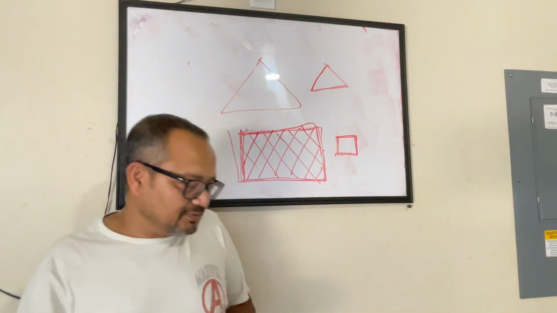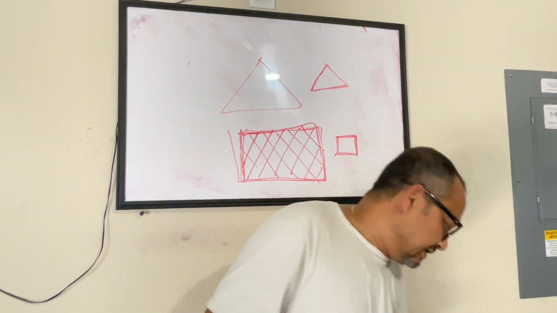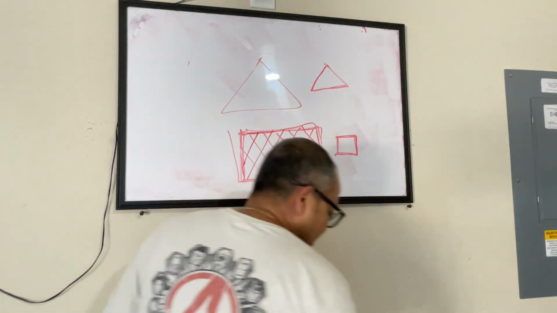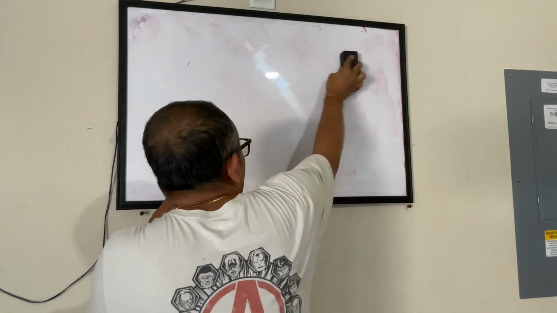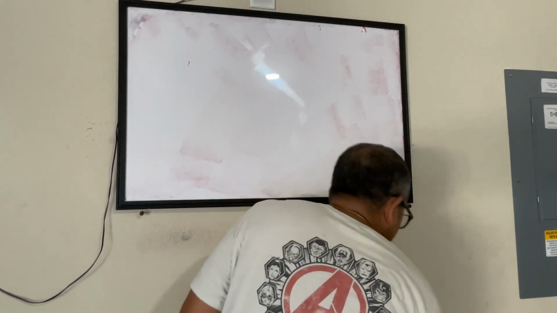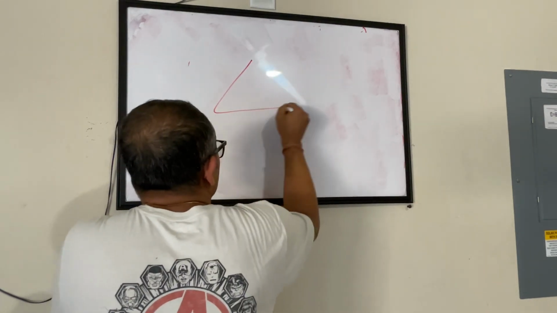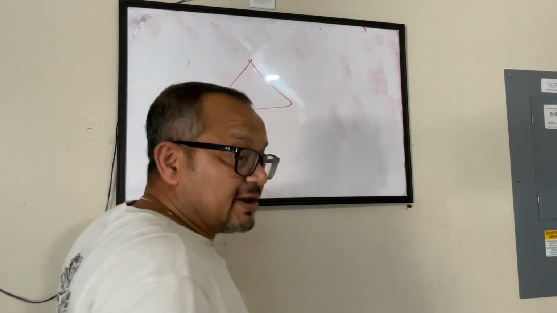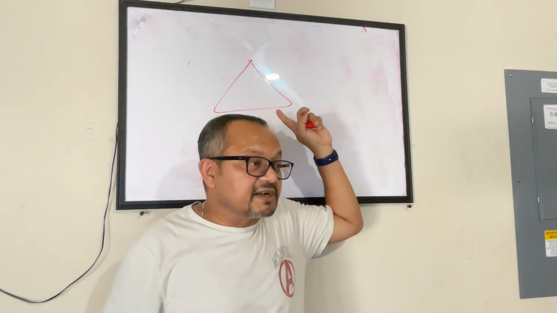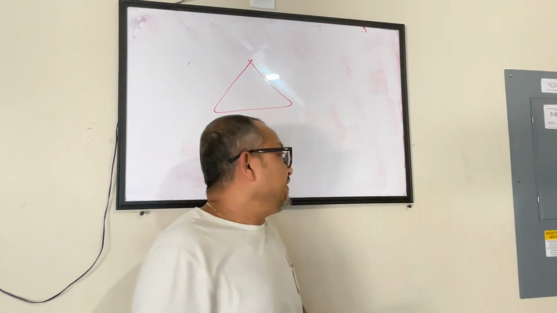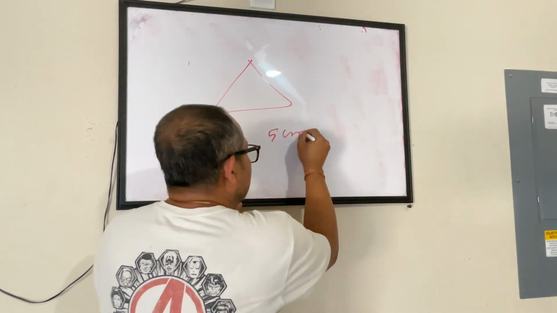Alright. So perimeter. Now, if I tell you guys to find out the perimeter of an equilateral triangle with side 5 cm. My question is, find out the perimeter of an equilateral triangle with side 5 centimeters.